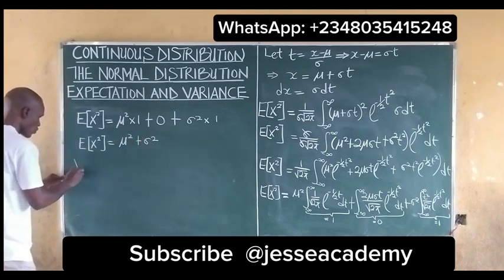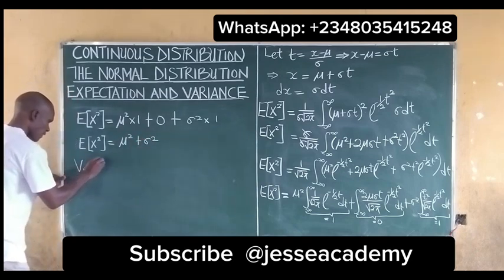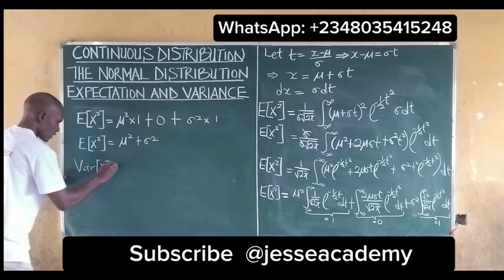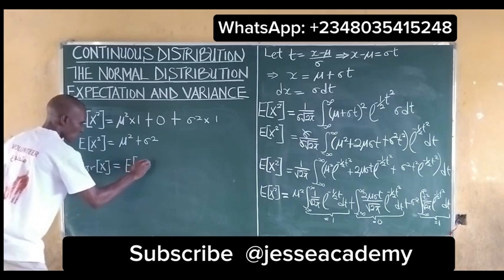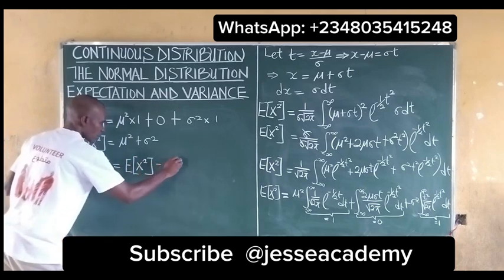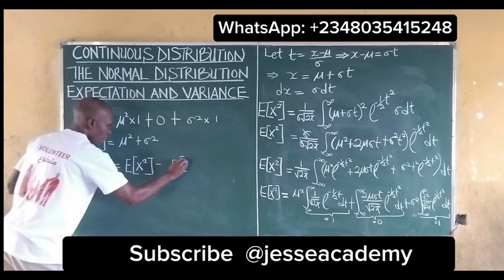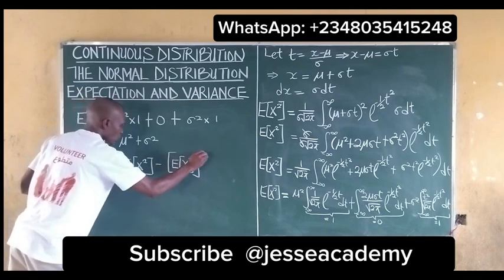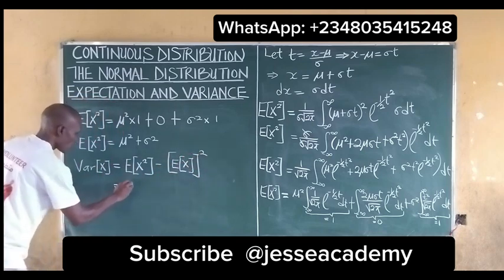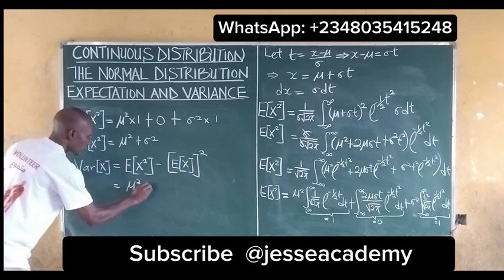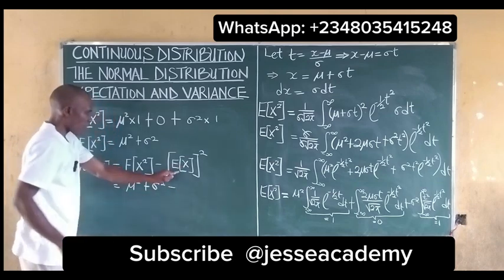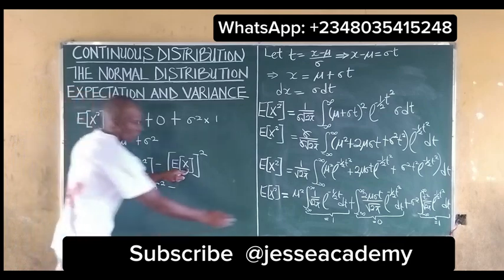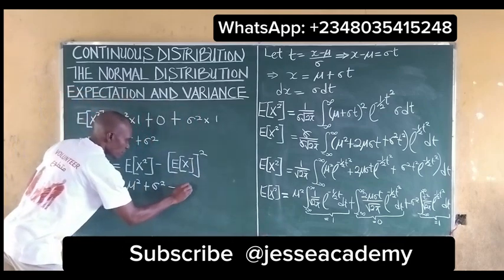Of course, we know that the variance of x is equal to the expected value of x squared minus the expected value of x all squared. And we have this to be mu squared plus sigma squared minus, we have our expected value of x, which was written here to be mu.